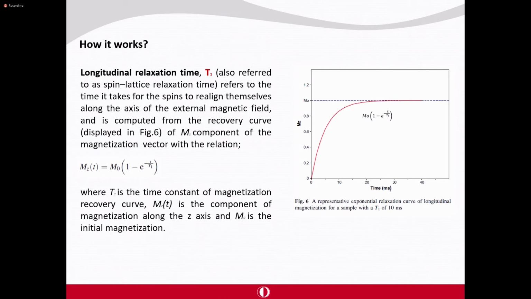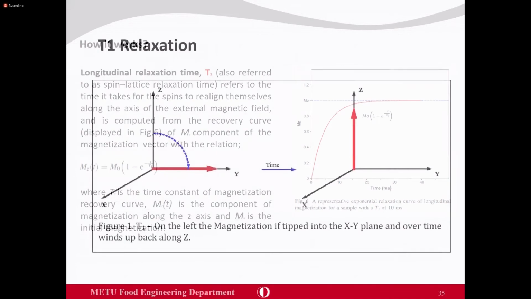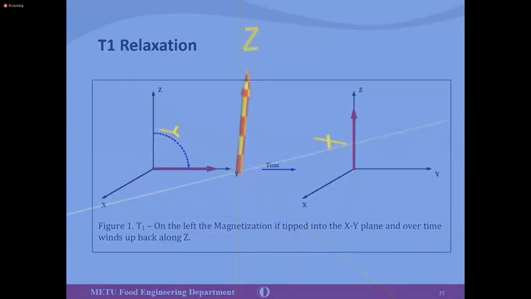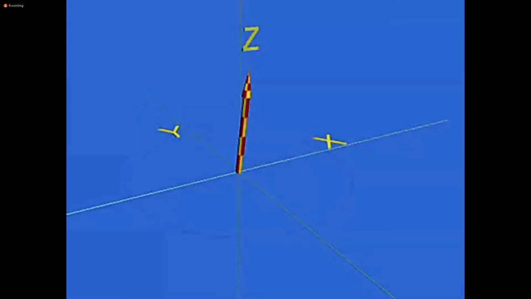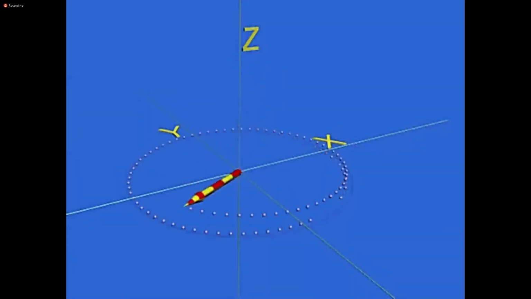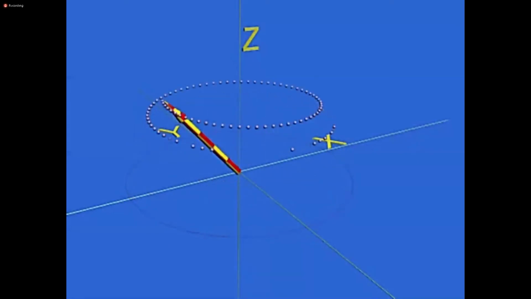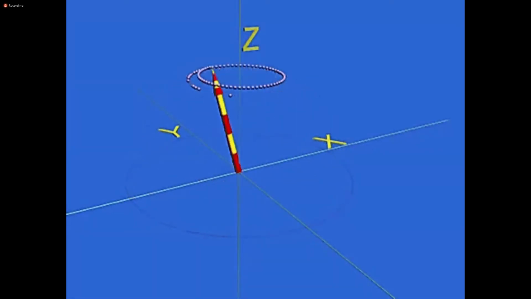The recovery constant of that term is known as the T1 relaxation time. Let me show you how we flip the magnetization with the RF pulse, and then how the magnetization recovers.